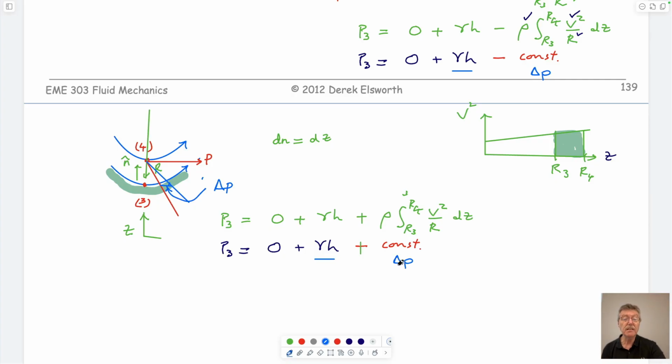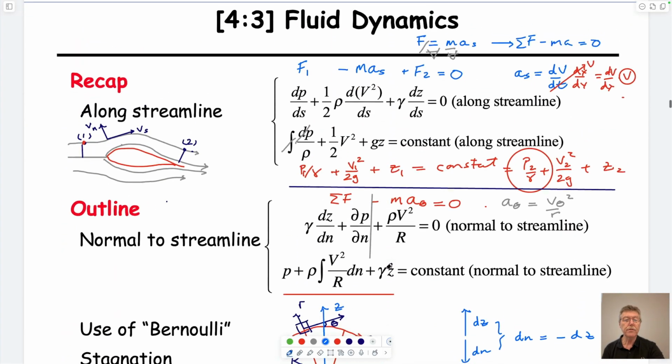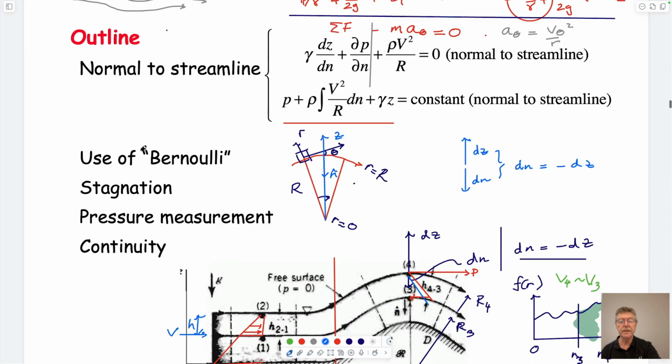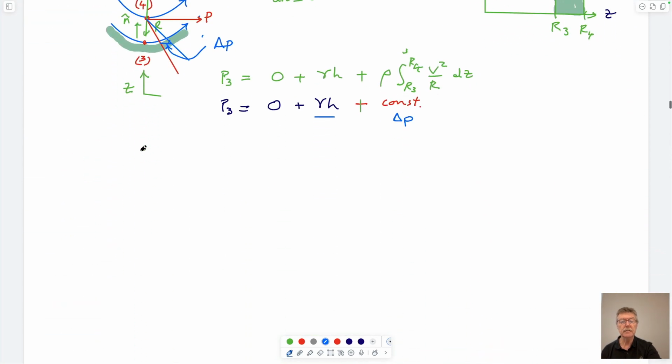Not so useful, really. If you want to know what the pressure is on the top of the wing, you just need to know it at this point versus this point, and you get that from the along-streamline velocities, along-streamline Bernoulli. But it has some application. The other thing you could do is look at the fun ride.